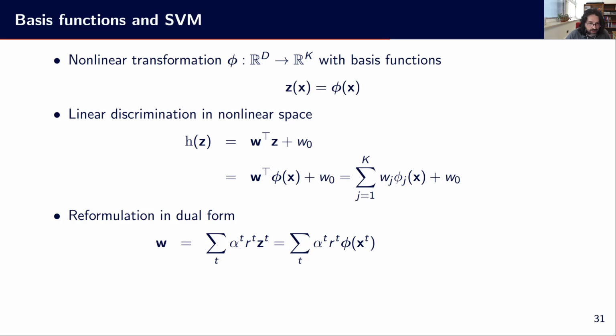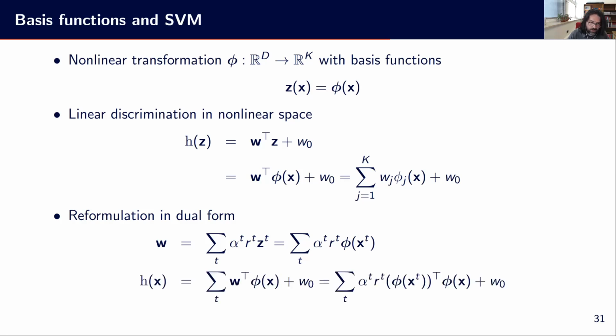We can simply state that the w of our linear discriminant in the space spanned by Z, so the bigger space, corresponds to the sum of alpha t r t z t, which corresponds to alpha t r t phi of x t. We have this for all samples of our training set.